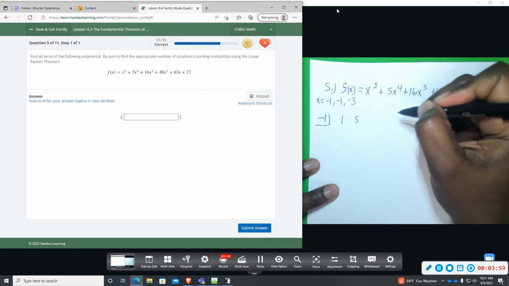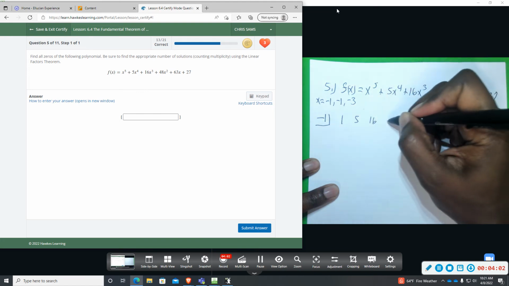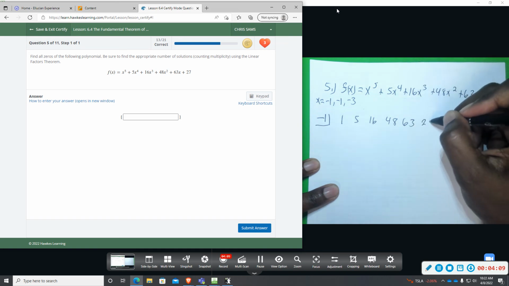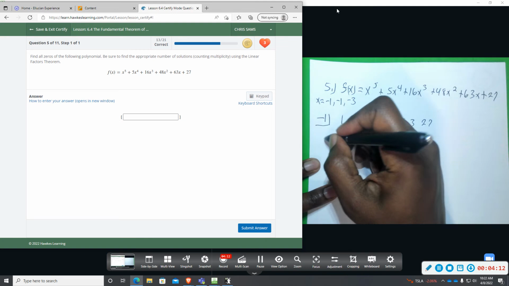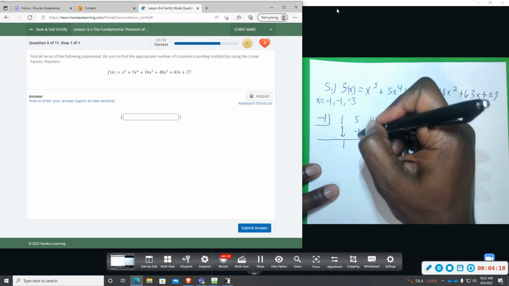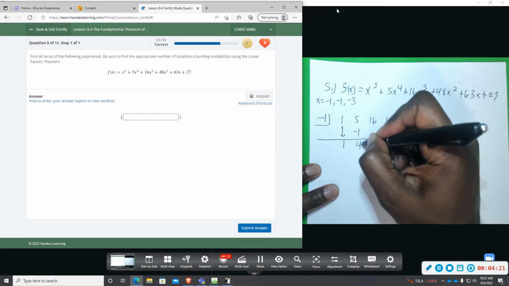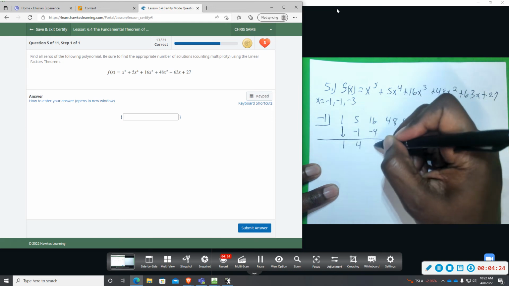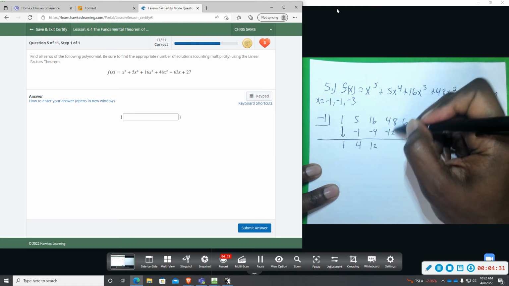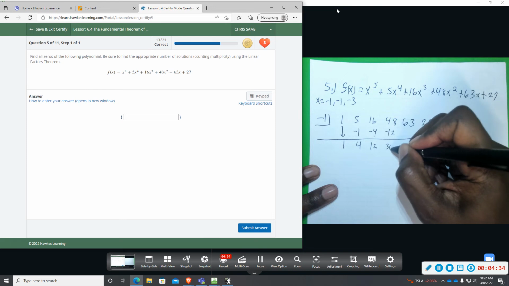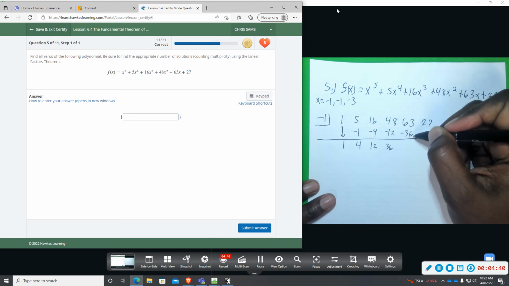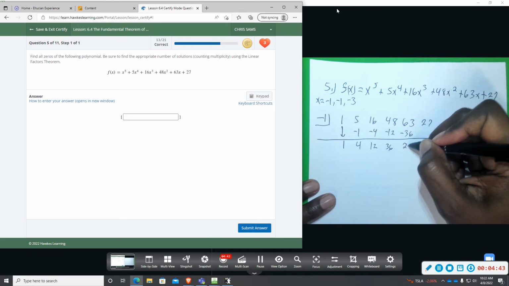and then I'm going to list my coefficients. 1, 5, 16, 48, 63, 27. Okay. I'm going to bring my first number straight down. -1 times 1, -1, combine, +4. -1 times +4, -4, combine, we get 12. -1 times 12, -12, combine, and we get 36. -1 times 36, we get a -36, combine, and we get 27.